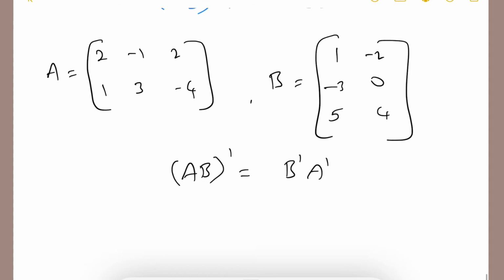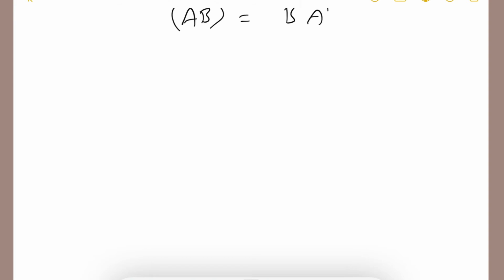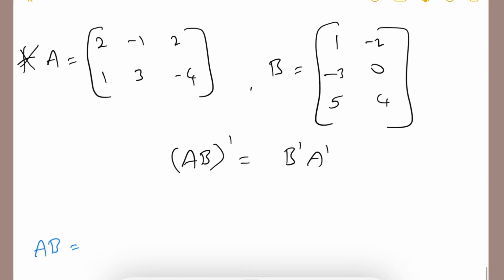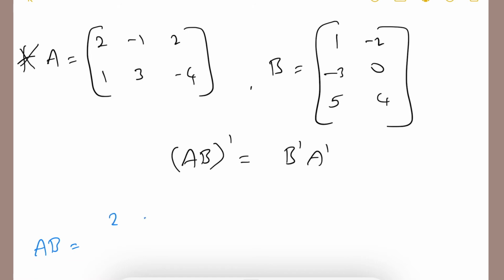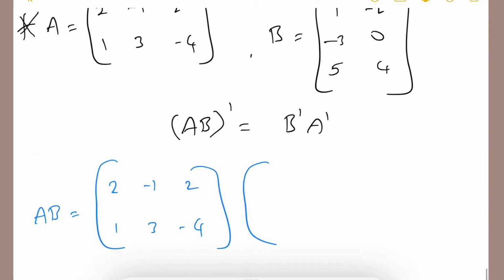Okay, first let me find out the AB value, so that once I find the AB value, I will do the transpose. First AB is equal to, A matrix is [2, -1, 2; 1, 3, -4] into B matrix [1, -2; -3, 0; 5, 4].